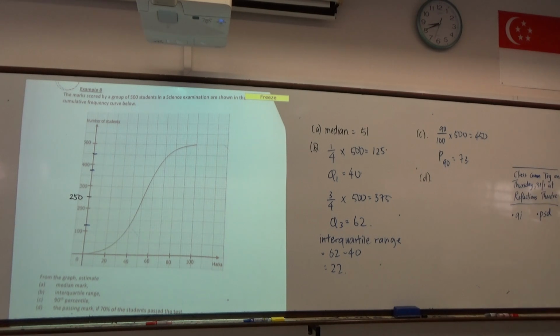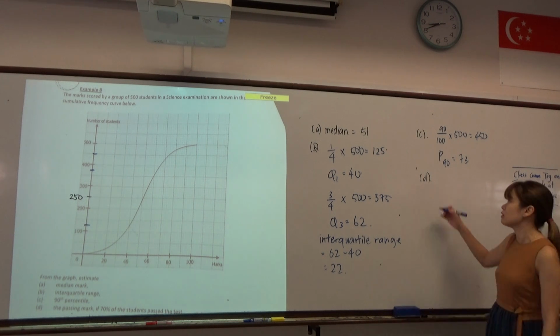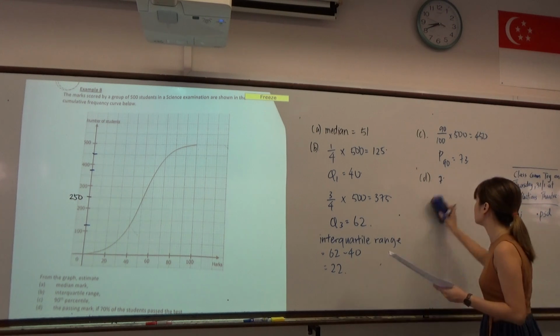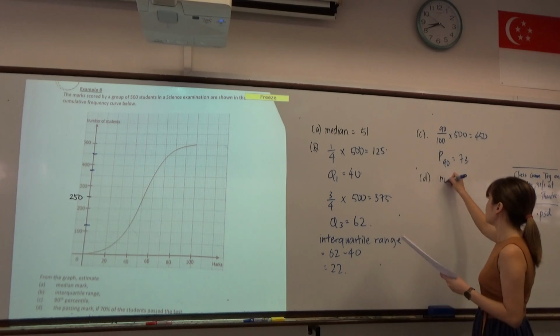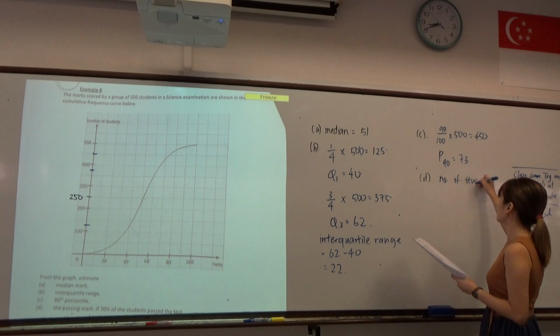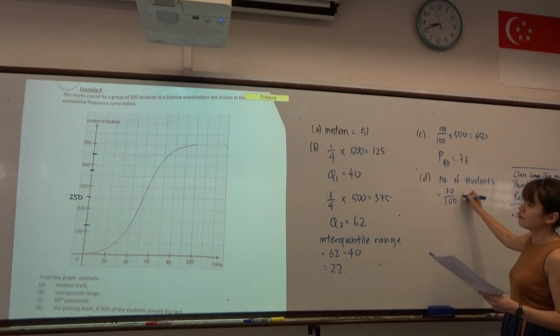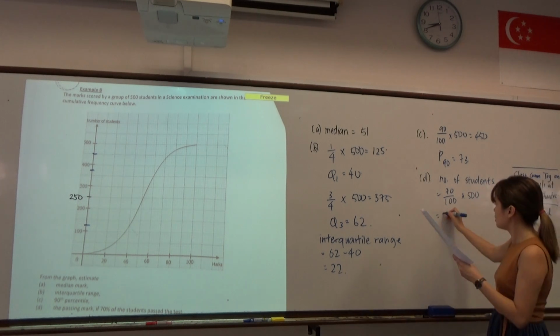For part D, we want to find out what is the passing mark if 70% of the students pass the test. How will you do this question? We find the 70%. How many students are there first? The number of students will be 70% of the 500.